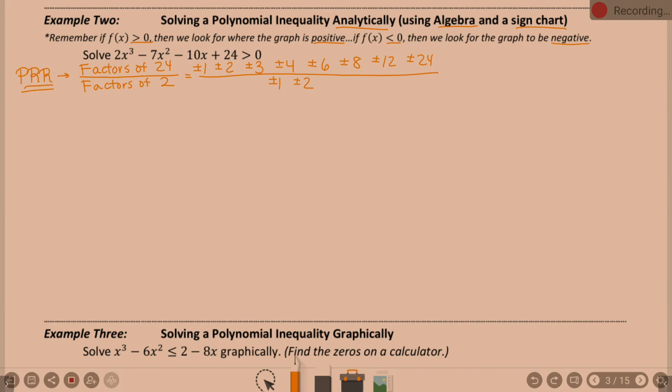Or take a peek at the graph. And that's going to be my suggestion, is that we take a peek at the graph to get an idea of what might work. Okay, so throw this in the graph. And we're going to look and see, what does the graph suggest?